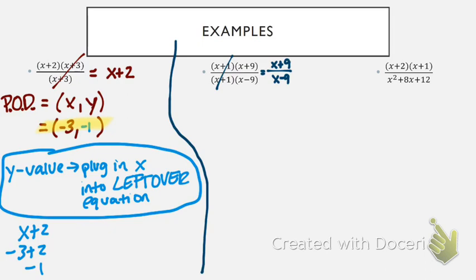So that's what's left over. My x value is what I crossed out. So since I crossed out x plus 1, the x value of the point of discontinuity is negative 1. Because remember, we're setting all these equal to 0. So the x value that is an actual problem is negative 1.